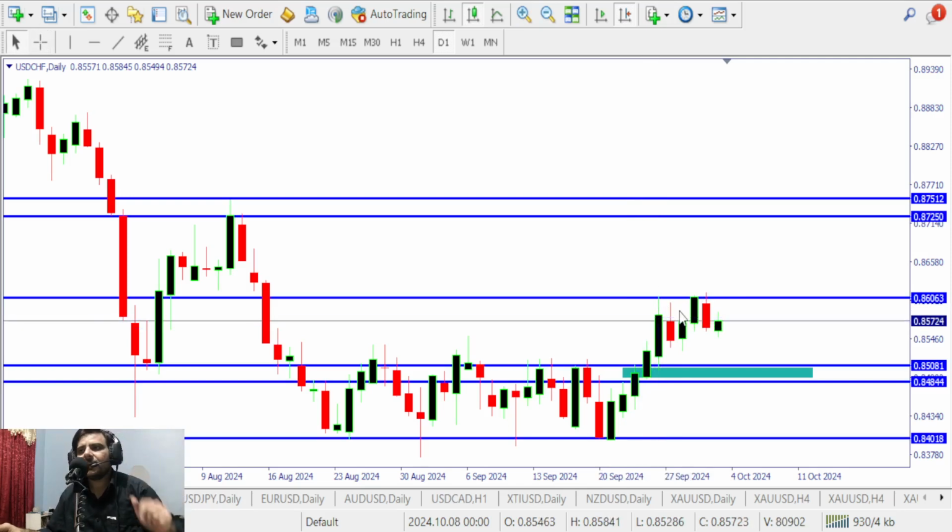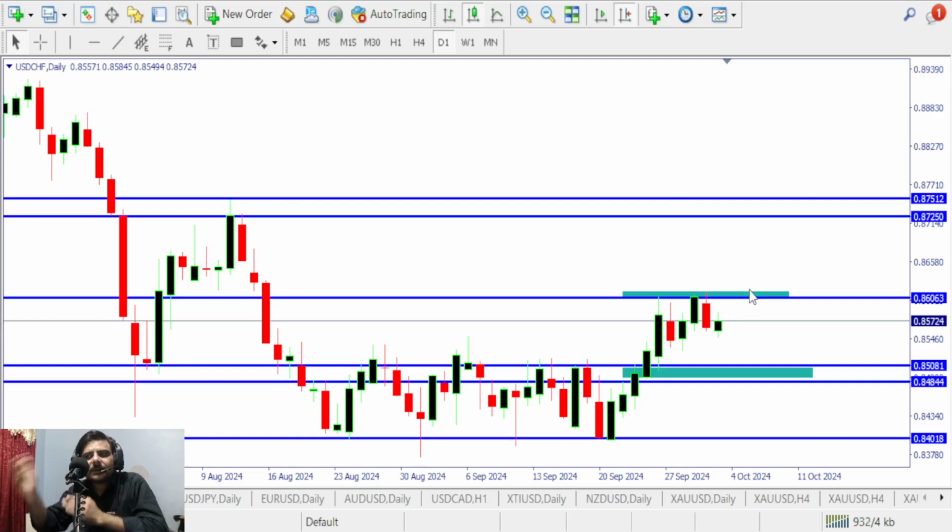Now this week we also have this opportunity to say that market almost tried to break this particular level in the previous week, but it could not. So in the upcoming week this level of 0.86063 is going to be again a very super beneficial zone for us.